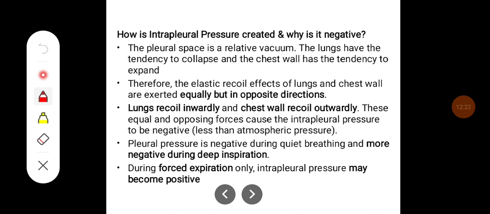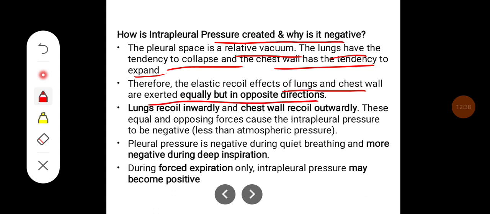How is intrapleural pressure created and why is it negative? The pleural space is a relative vacuum. The lungs have a tendency to collapse and the chest wall has a tendency to expand. Therefore, the elastic recoil effects of the lung and chest wall are exerted equally but in opposite directions.